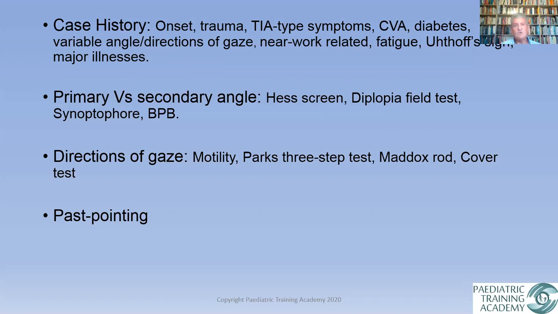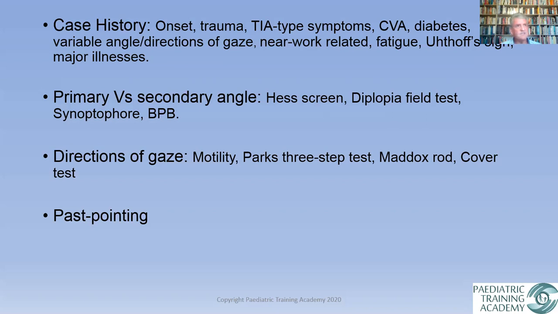The next thing you can make use of, another simple test, anaglyphs and a torch. In both the Hess screen and in the diplopia field test, you have to ensure that your patient keeps their head still. Because if they turn their head and look at your lights, they might well be ortho wherever they look. So they need to keep their head still and move their eyes into 9 positions of gaze. And then you're going to pick it up if it's there.